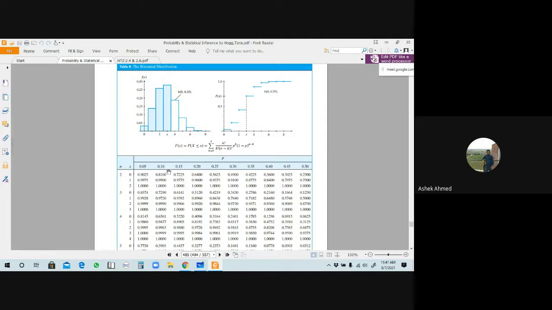The first column represents the values of n and the second column represents the values of x. So we need to look at n in the first column, x in the second column, and the values of p in the first row, okay.